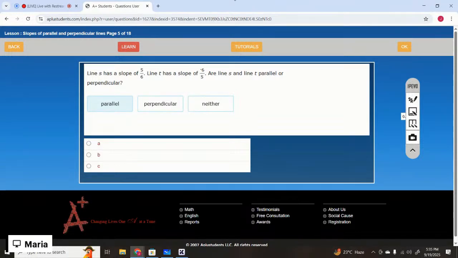Line S has a slope of 5 over 6 and line T has a slope of negative 6 over 5. Are lines S and T parallel or perpendicular?